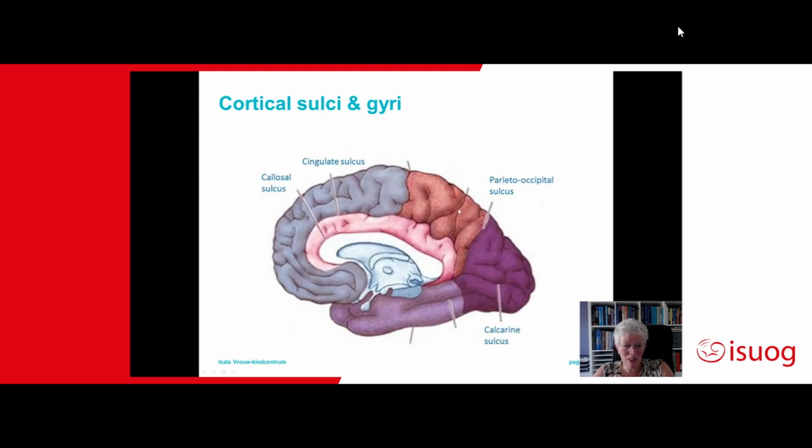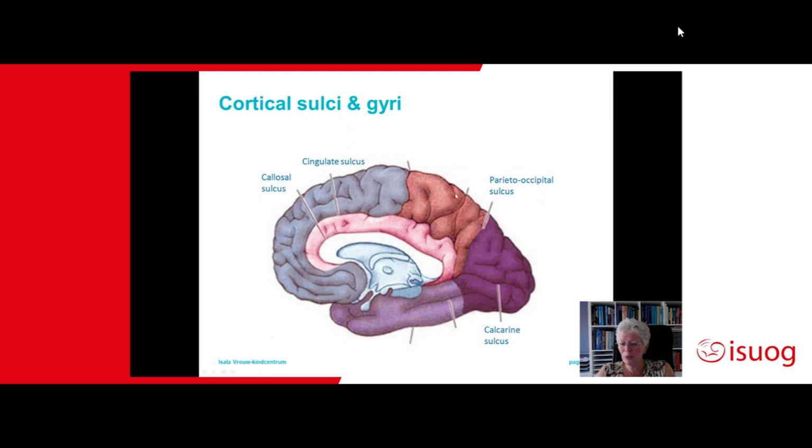If we look mid-sagittally, we see, of course, again here the corpus callosum, with the cavum septi pellucidi over here, and here the fornices. And over the corpus callosum, we have the callosal sulcus, and a little bit above this one, we have the cingulate sulcus.